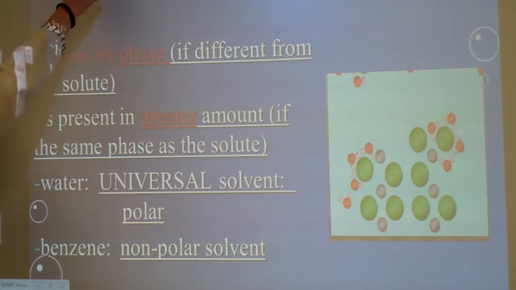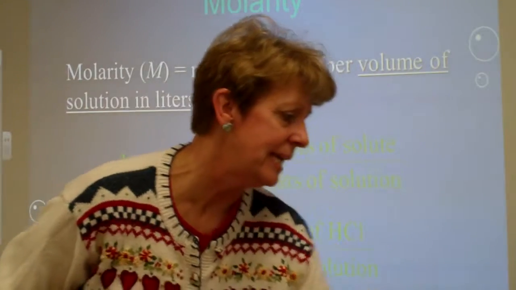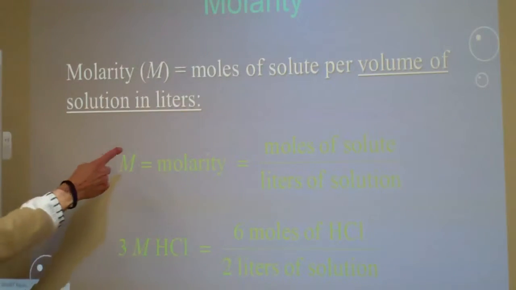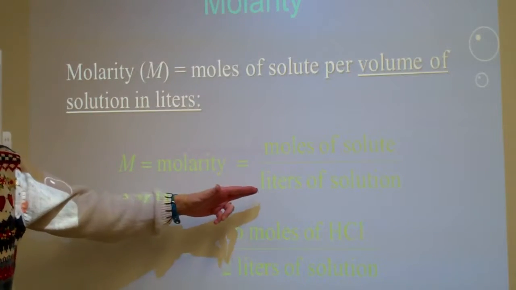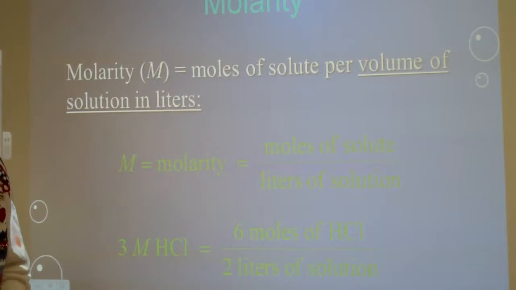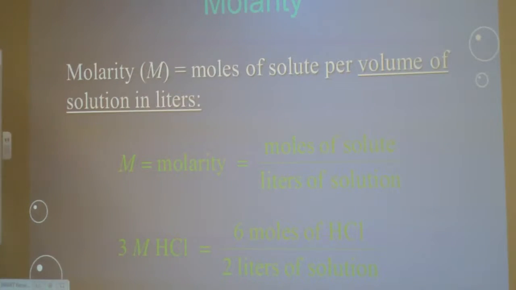Okay. What we then did is we defined molarity, because we're going to use it as we talk about a few other things, those things being acids and bases today. So molarity is defined as moles of solute per liters of solution. And the easy problems that you're doing in the textbook or on the purple packet are to solve for molarity if I give you a certain number of moles in a certain volume.